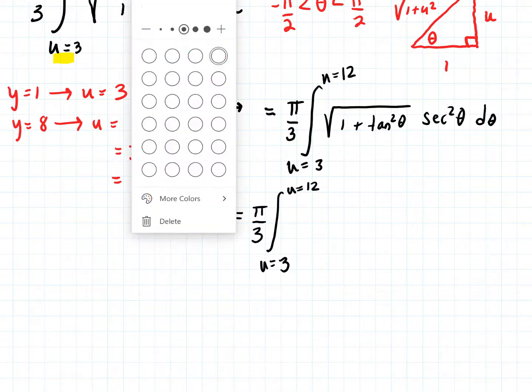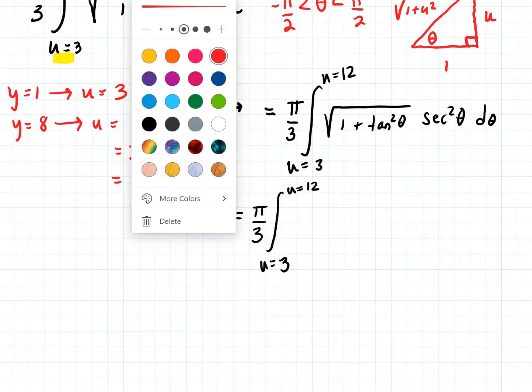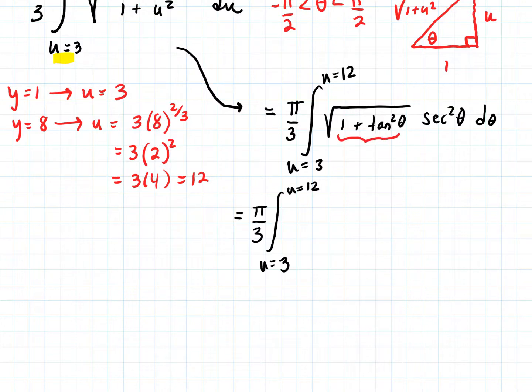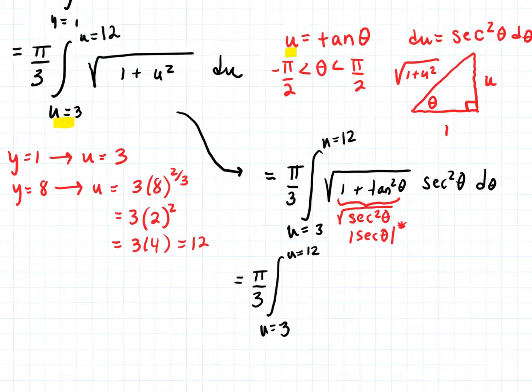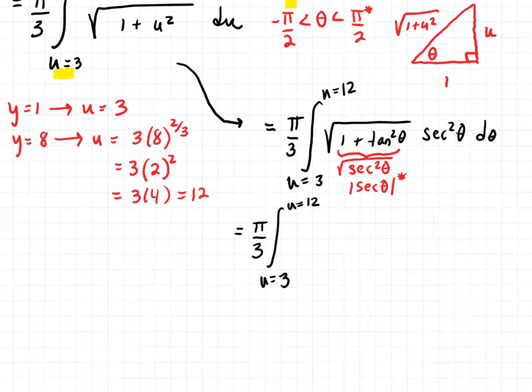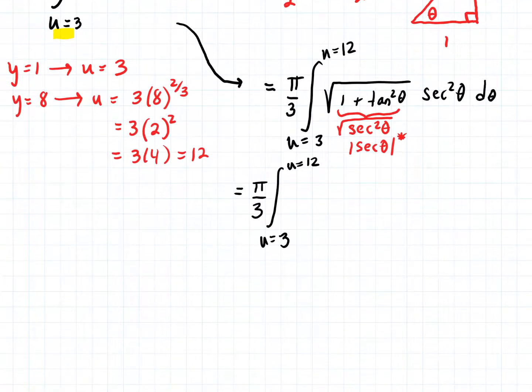Now, the whole point of doing the trig sub was that this becomes the secant squared of theta, and we're taking the square root, so that becomes the absolute value of the secant of theta. And we'll star that, and once again, our restriction on the domain of theta allows us to drop the absolute values on the next line and multiply by secant squared. So this actually becomes secant cubed of theta d theta.